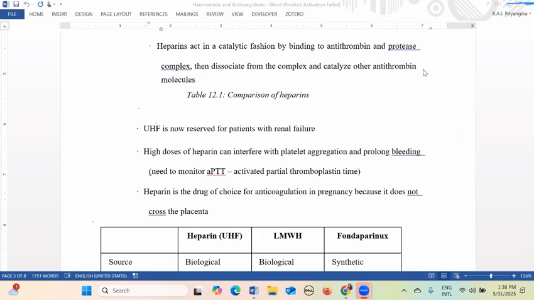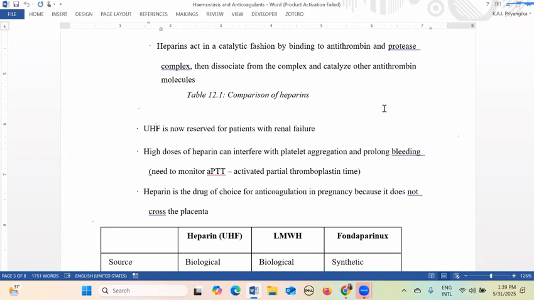But unfractionated heparin is not excreted through the kidneys, so in renal failure it can be used without harm. But low molecular weight heparin and fondaparinux are excreted through the kidneys. Therefore, in renal failure, we have to think cautiously and adjust the dose.